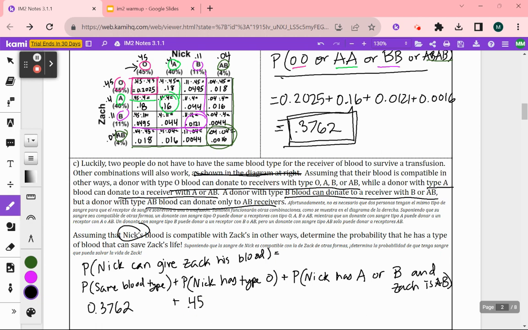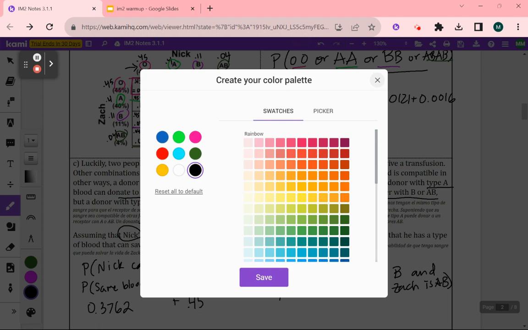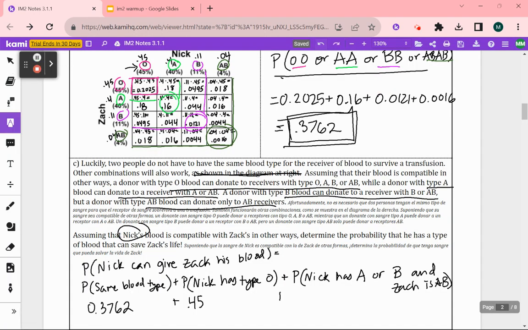Plus the probability that Nick has A or B, and Zach is AB. So that I'm going to have to do a little bit more work for. So Nick could be A or B, and Zach must be AB. So it's either of these.